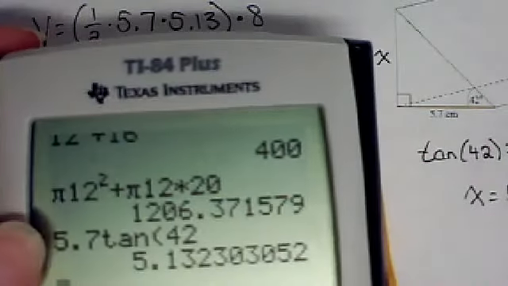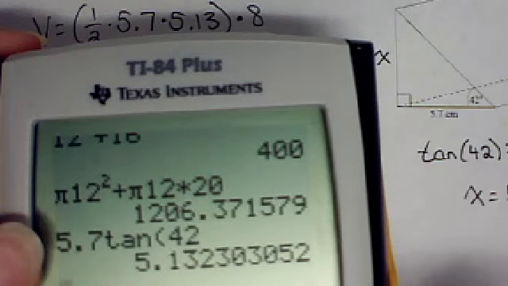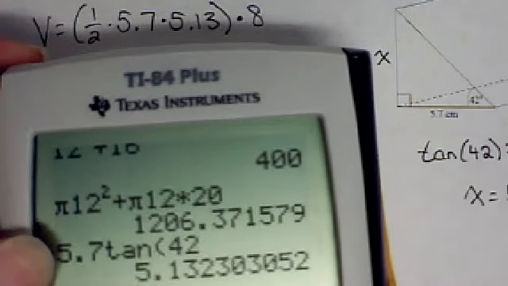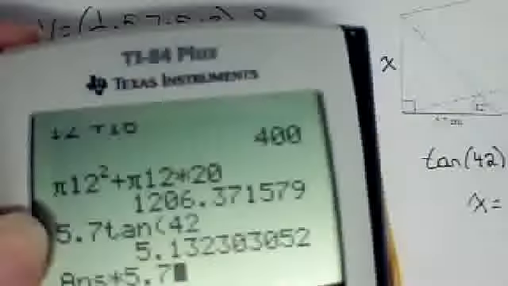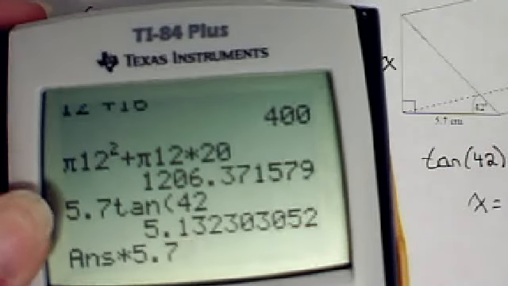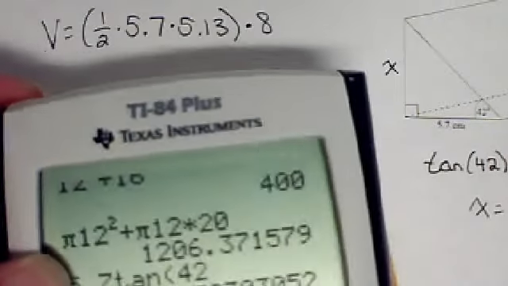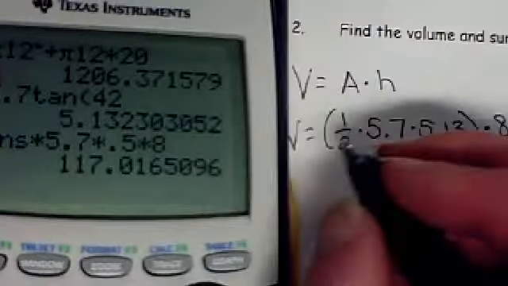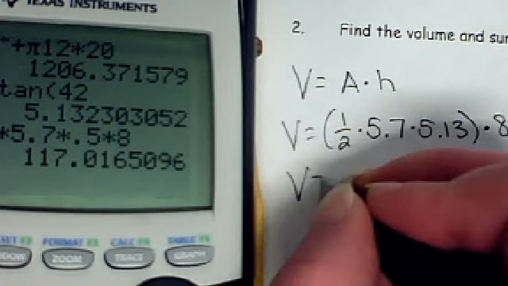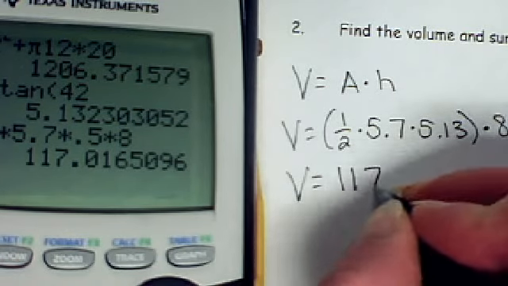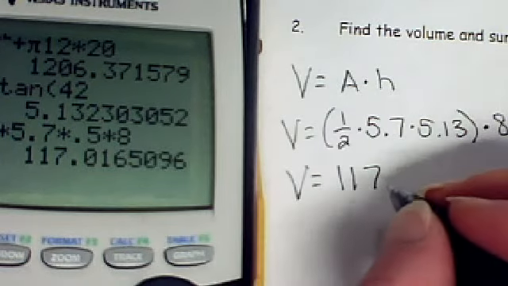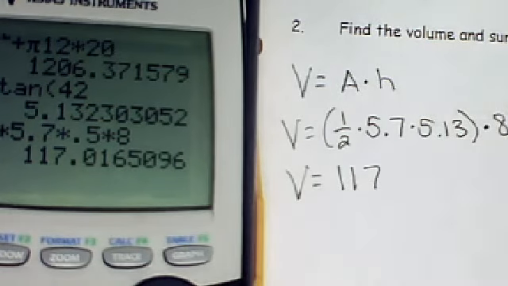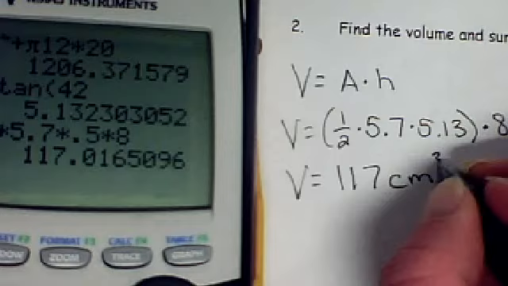So since I already had 5.13 in there, I'm going to go ahead and do times 5.7 times 0.5 for the 1/2, and then times 8 that would do it on the outside. This keeps me a little bit more exact because I'm not rounding in the middle of the formula. So I got 117. I don't need the rest of them because that's 3 significant figures, and it was centimeters cubed.